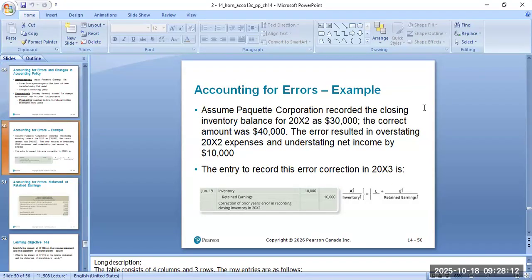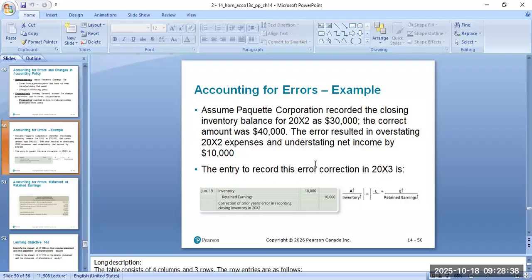Now, an example of an accounting error can be the corporation recording the closing inventory balance as 30,000. The correct amount was 40,000. The error results in overstating the expenses and understating the net income. So again, the closing inventory balance is recorded as 30,000.